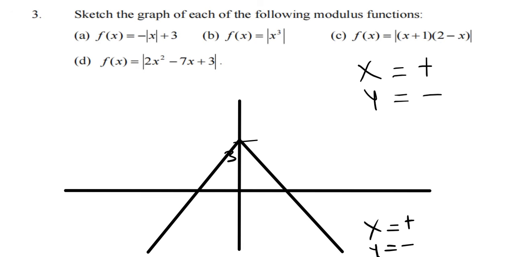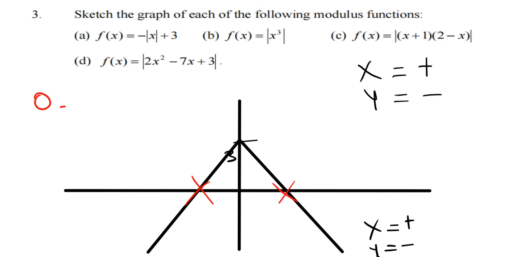That is how our graph looks. However, we've cut these 2 points, so we're supposed to find those points. Those are the x-intercepts. On the x-intercept, y is equal to 0. So what are those points then?